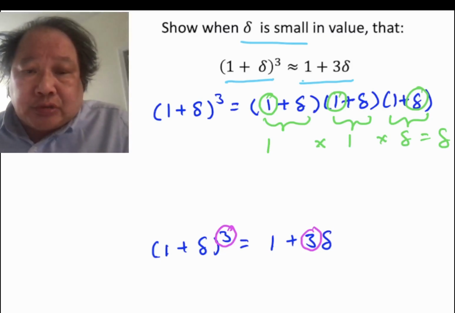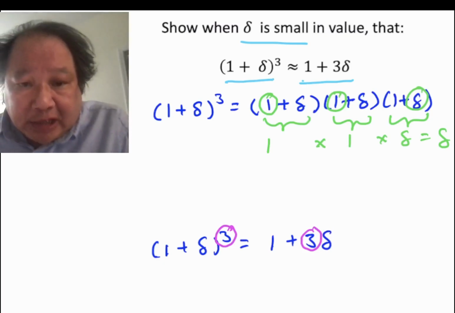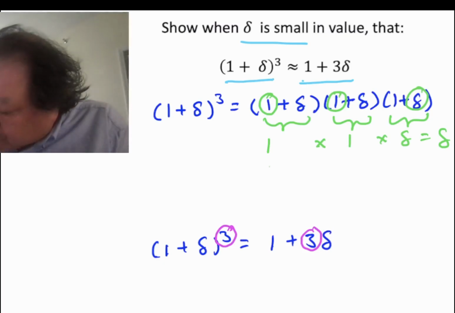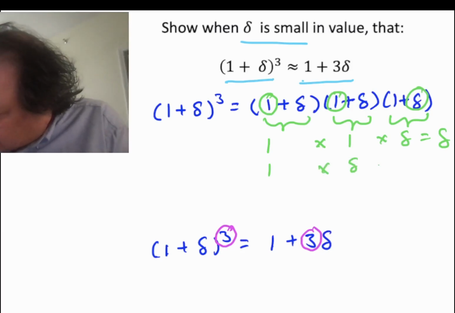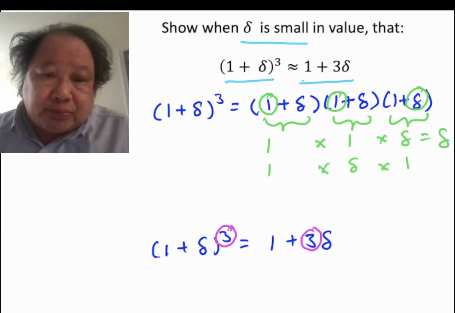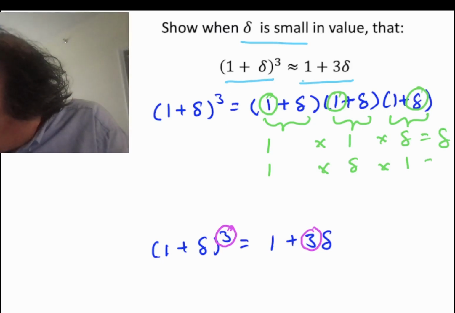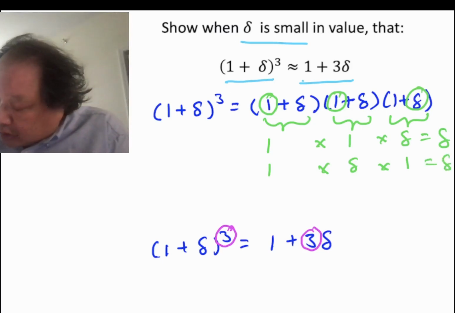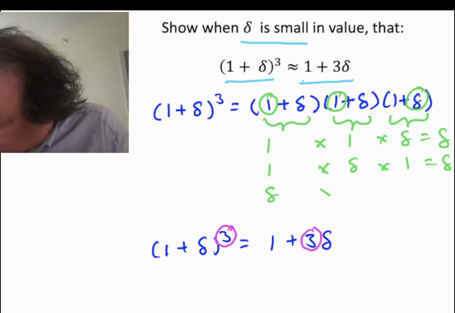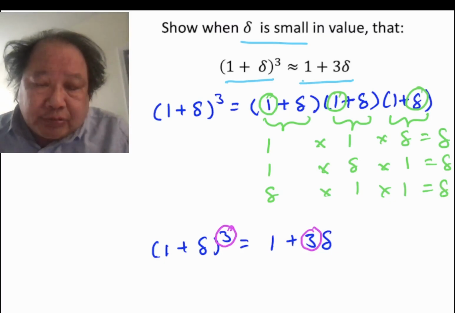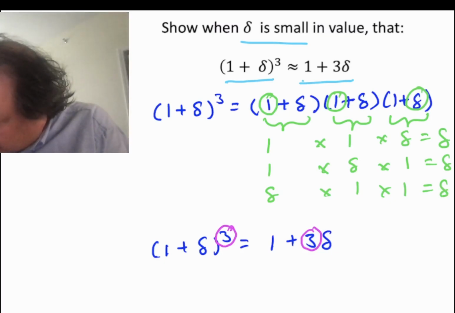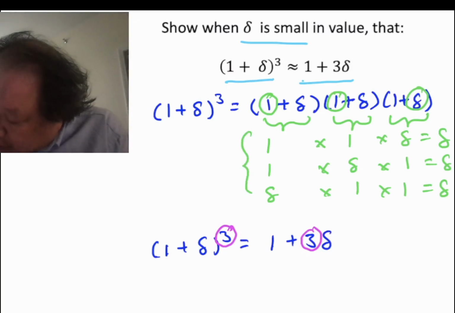In this choice, we chose the single delta from the last bracket, but we could have chosen it from the middle bracket, with the other two choices being 1s. They would multiply to delta. Or we could have chosen the delta from the first bracket, the other two are 1s, and each of these terms counts in the overall sum. We add them together, and we get 3 delta.